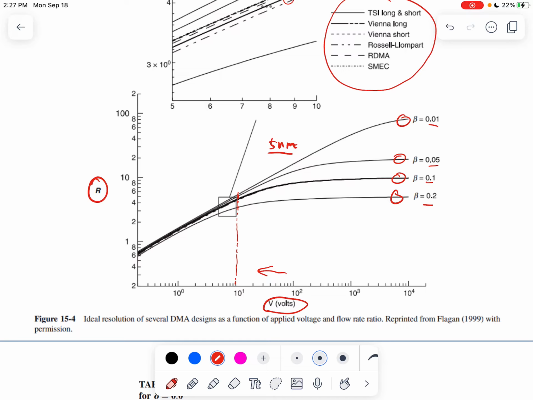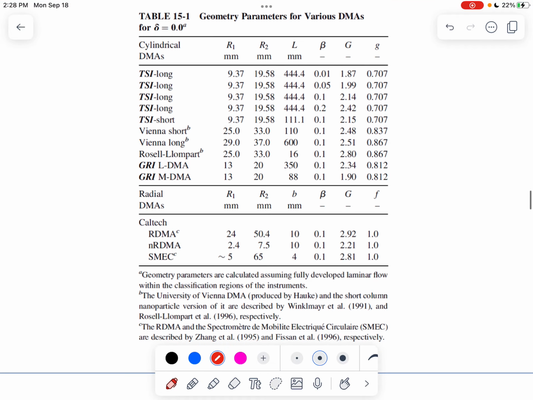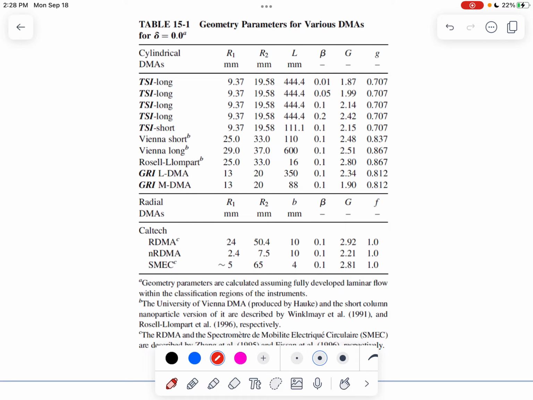If you want to achieve a resolution of at least 5 for 10 nanometer particles, this means that you have to use a sheath flow ratio between 0.01 and 0.05. The better the resolution, the more accurate it is for the particle size classifying. This is another table showing you the different geometry factors that are related to the diffusion broadening of the DMA transfer function.